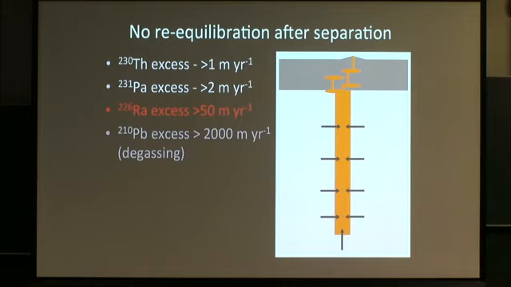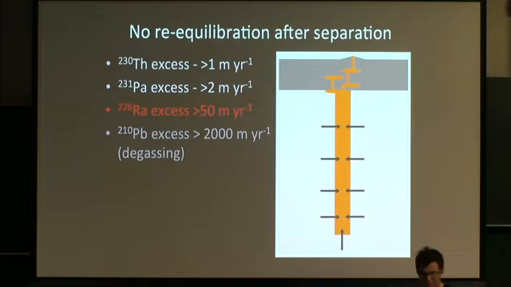So if we discount the lead-210 excess, because that has something to do with degassing, then if we think that the radium-226 excess comes from close to the base of the melting region, if that's where radium and thorium were fractionated, then we get a rate of vertical melt extraction on the order of about 50 meters a year or so.